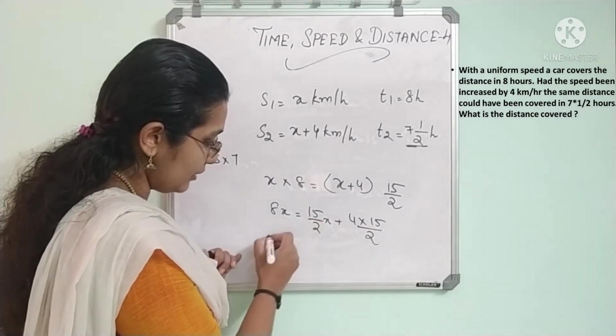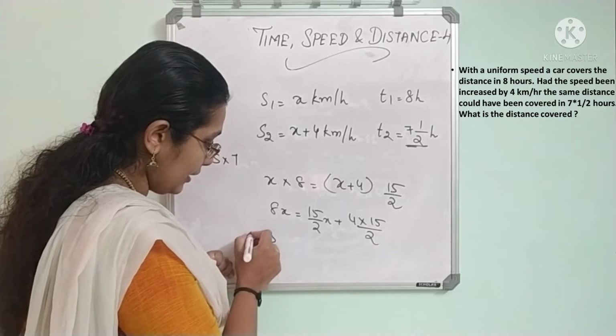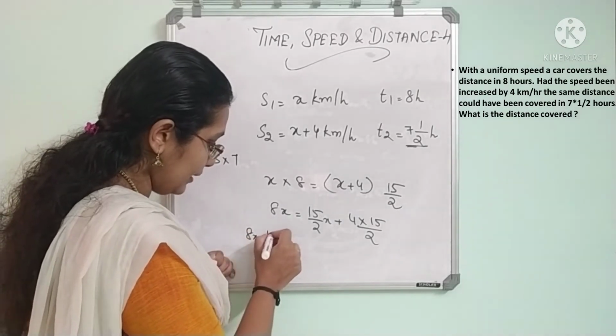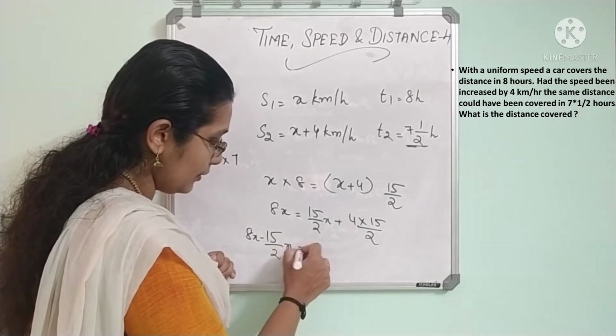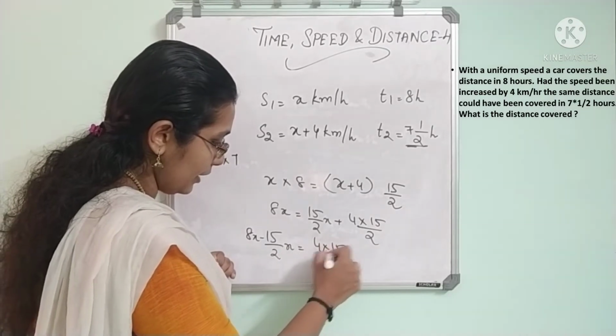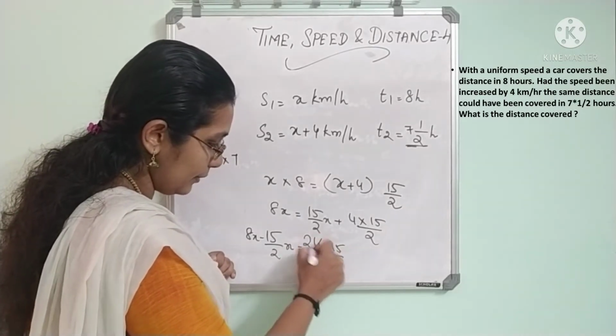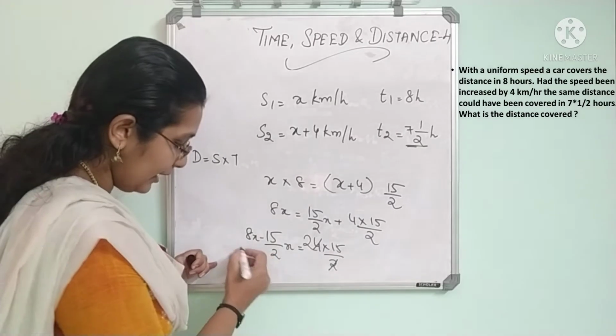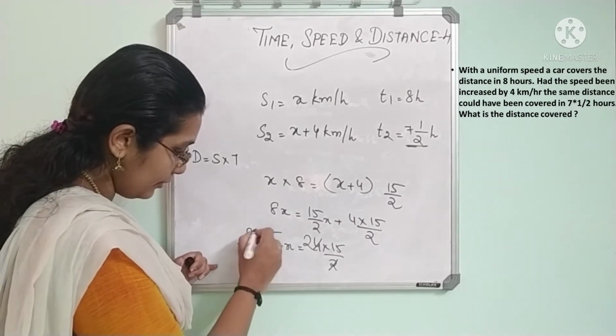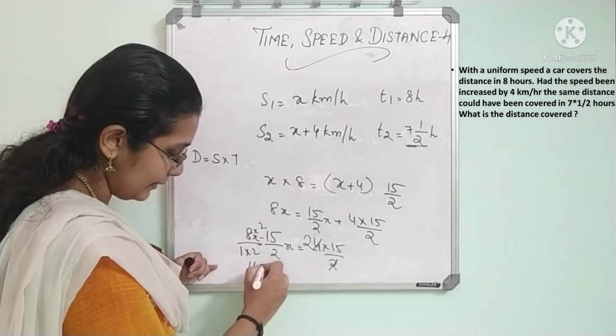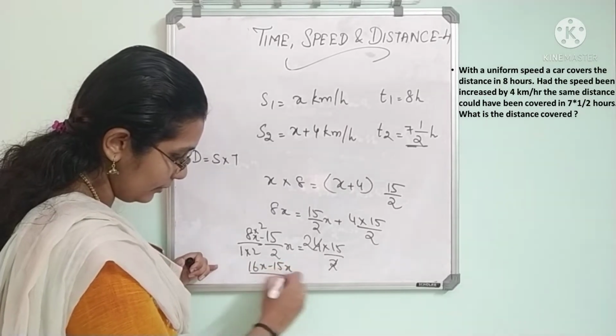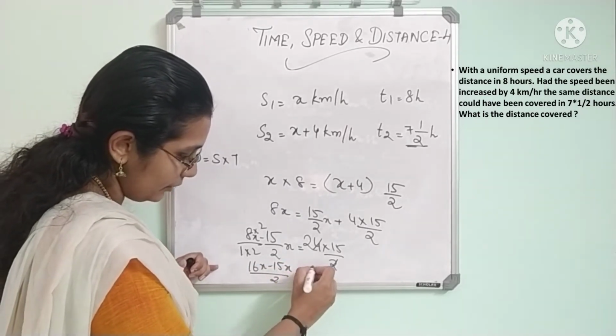So taking this to other side you get it as 8x minus 15 by 2x is equal to 4 into 15 by 2. So here you can simplify. So here on taking LCM you get it as into 2 into 2. So 16x minus 15x by 2 is equal to 30.